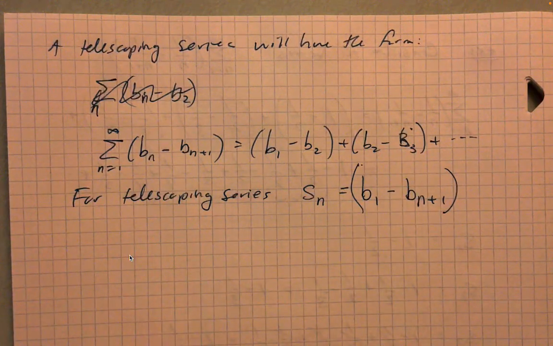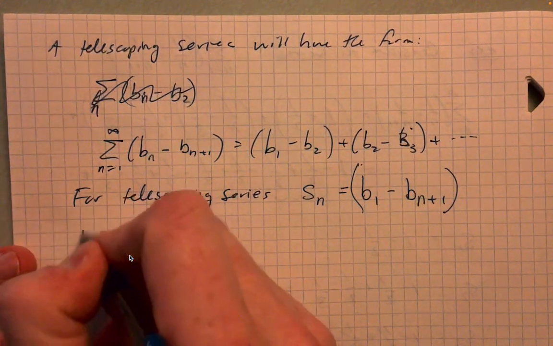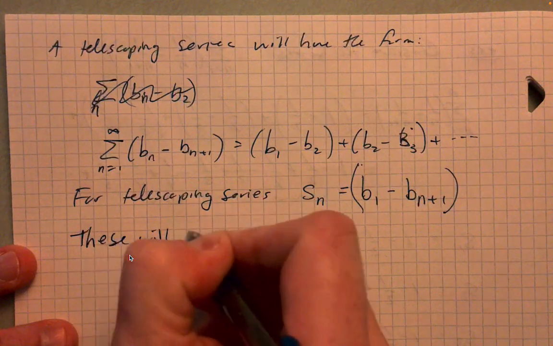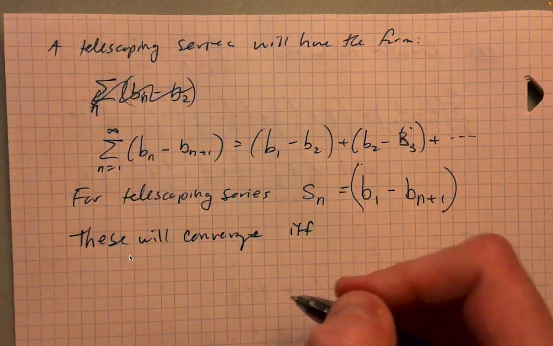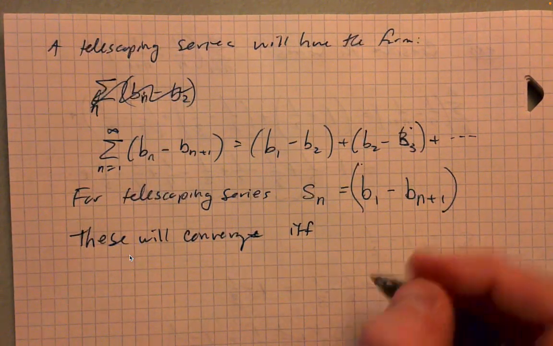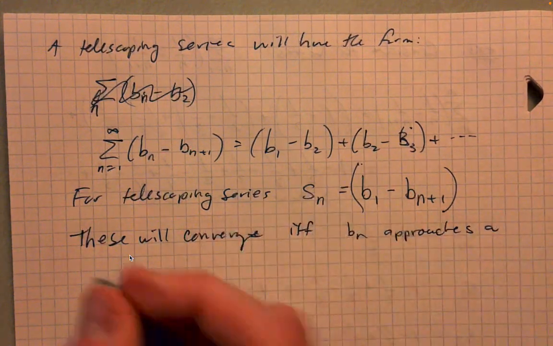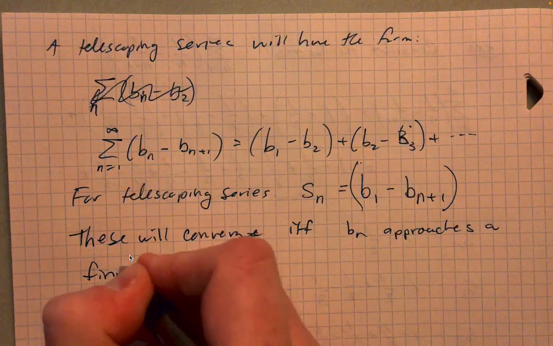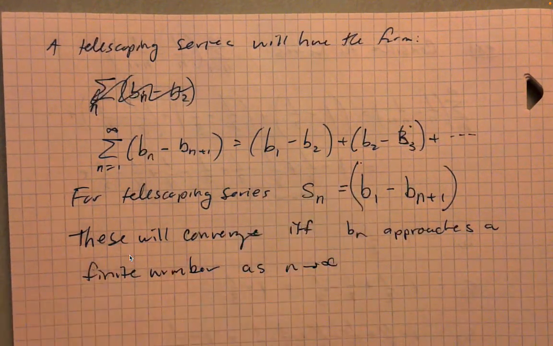A telescoping series of this form will converge if and only if b_n approaches a finite number as n goes to infinity.